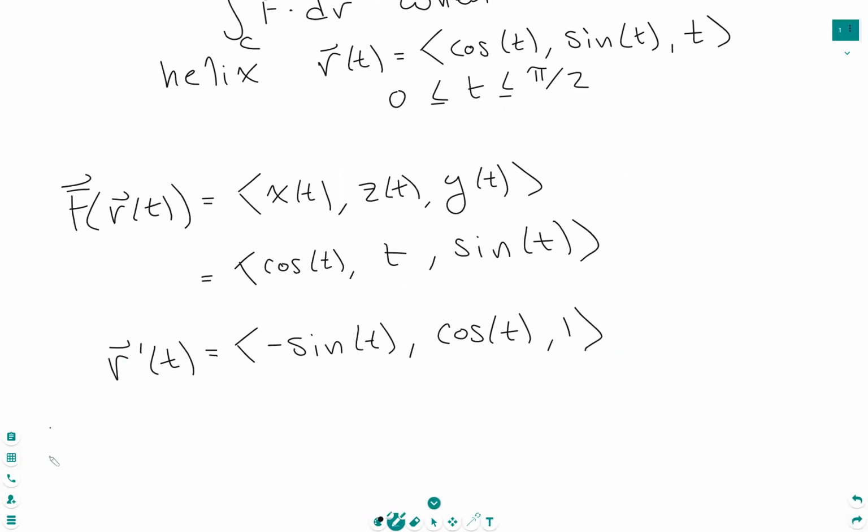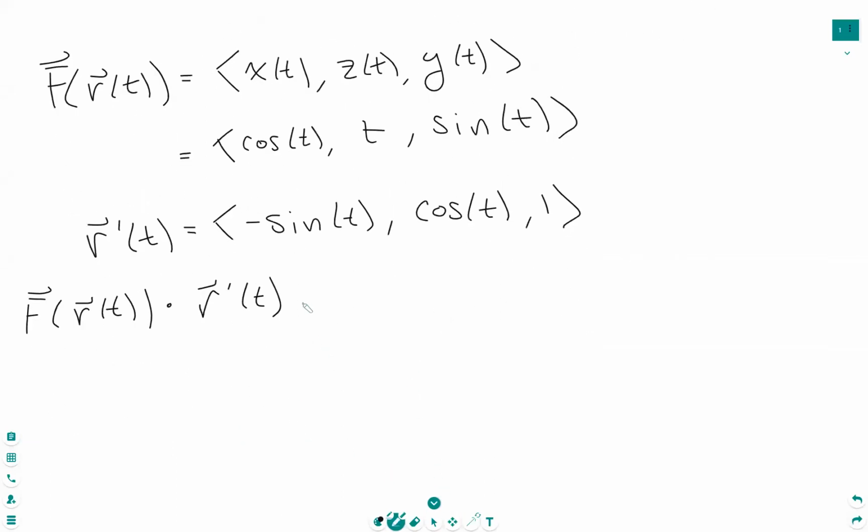So the dot product between these two, F with r of t inserted, dotted with the first derivative of r, is equal to negative cosine of t times sine of t plus t cosine of t plus sine of t.